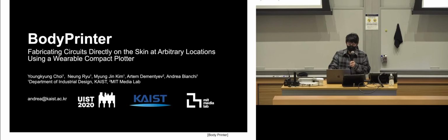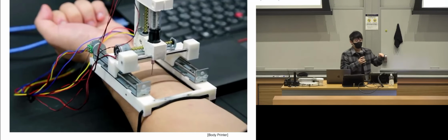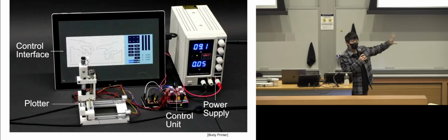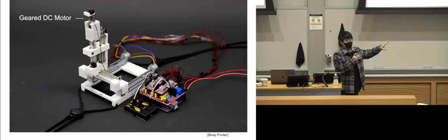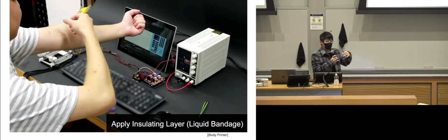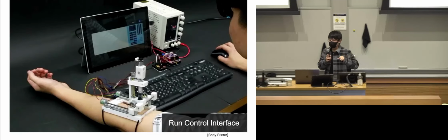So, they have this very interesting project called Body Printer. Essentially, it's a similar design method as you would do with a normal PCB design. Just draw the circuit, SVG files or XML files, whatever, and then, oh yeah, you do have to clean your skin a little bit before that.